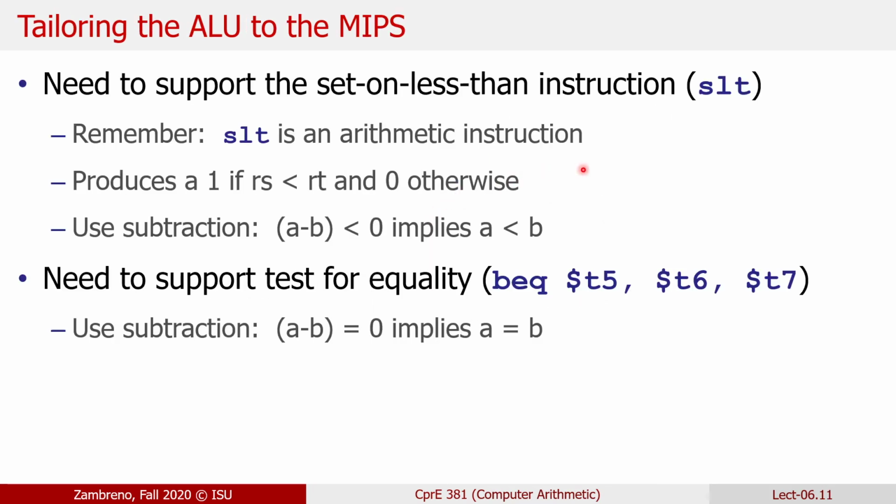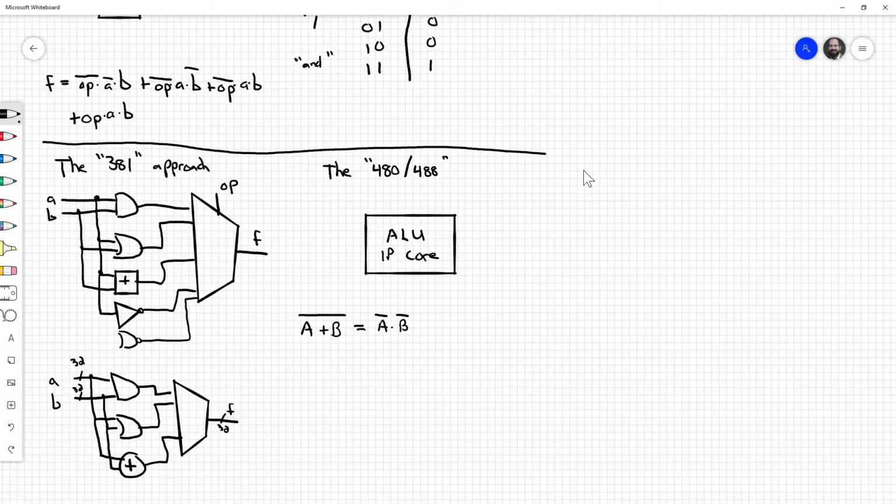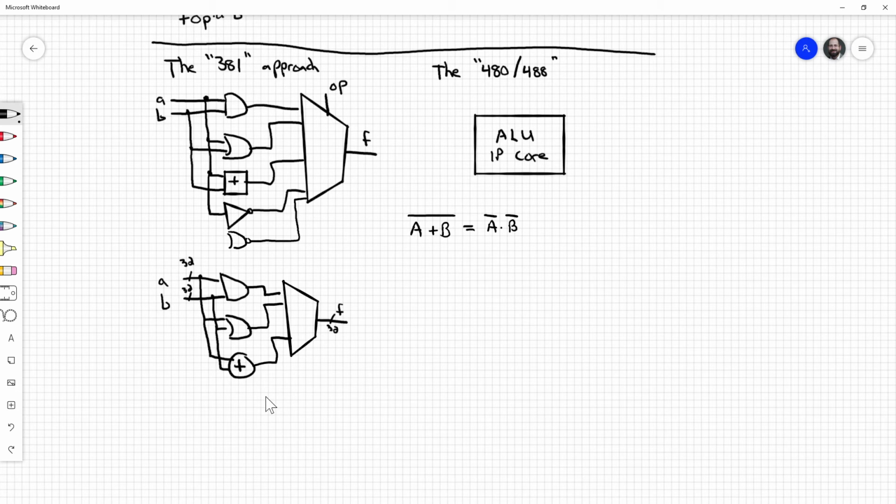What can be a little tricky, and I think it's in part based on how the instruction is defined and how it's explained in the book, is we are going to use this ALU to also support a set on less than instruction. And I would say we are doing so using the 281 approach. Because certainly in the pure 381 approach, there's literally nothing stopping you from adding that to your circuit.